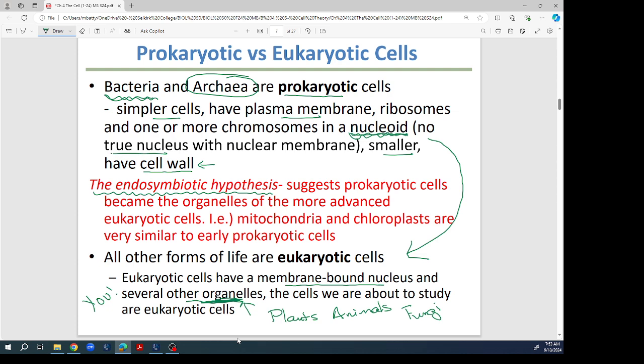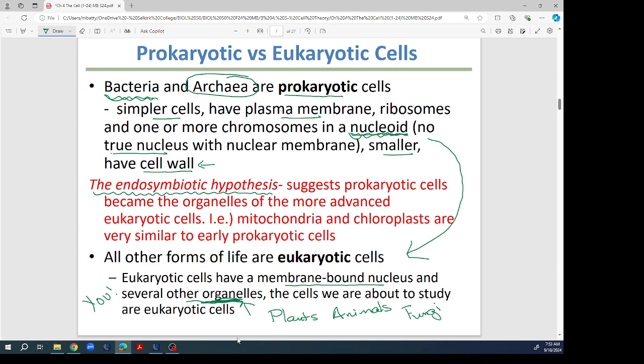And the endosymbiotic hypothesis suggests that there was a prokaryotic cell hanging around one day, and it happened to eat another prokaryotic cell. And instead of digesting that prokaryotic cell, that eaten prokaryotic cell seemed to provide some benefit to the one that did the eating. And so instead of digesting it, it kept it around.